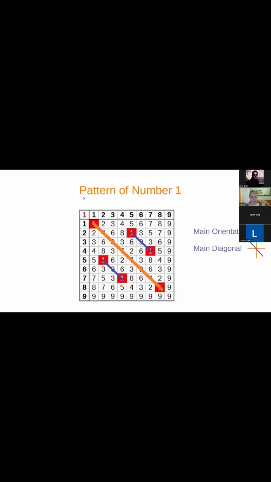The one that is highlighted in orange is the longest connection between any of the numbers that are highlighted for 1.